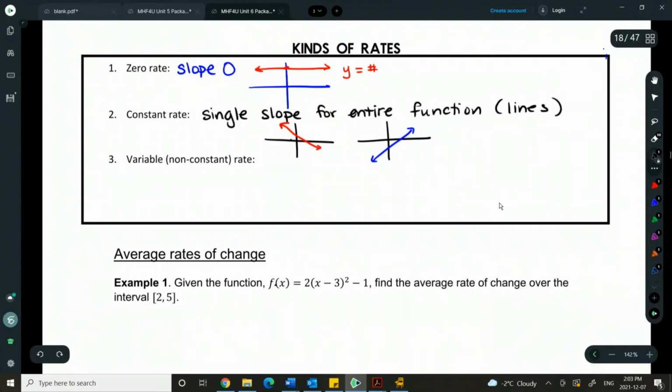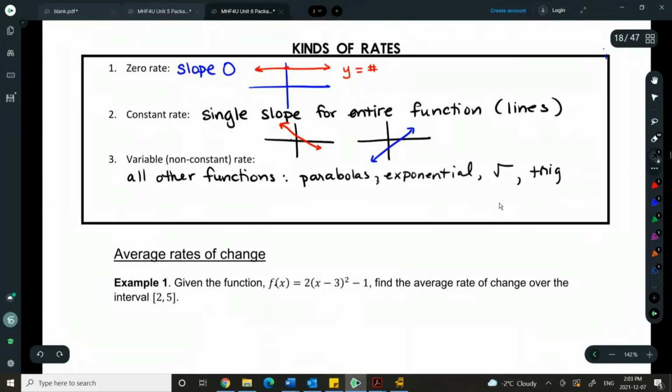Variable or non-constant rate. This happens for basically all other types of functions. Some examples could be quadratics, parabolas, exponentials, square roots, trig functions, etc. Anything that has a curve, basically, which will be anything other than a line.